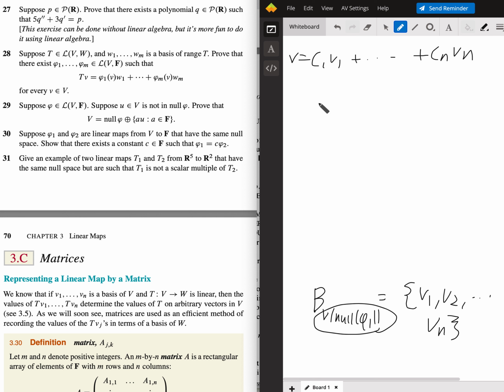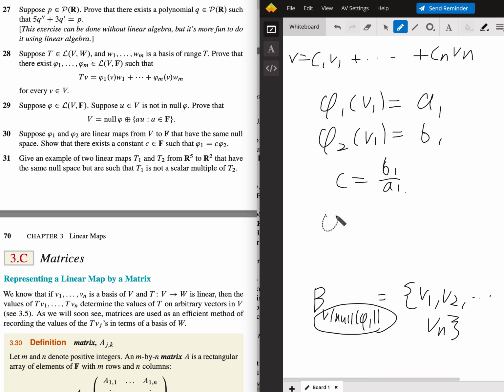So you know that phi1 of v1 is going to get you to some A1, and phi2 of v1 is going to get you to some B1, right? This is something that's intuitive to write down. And we try something quite similar to this.